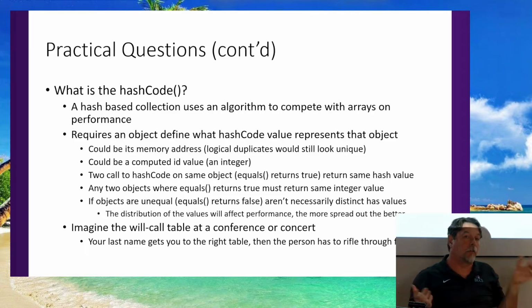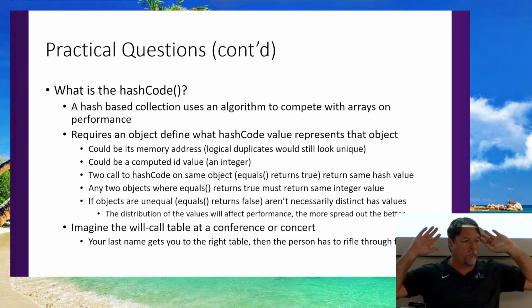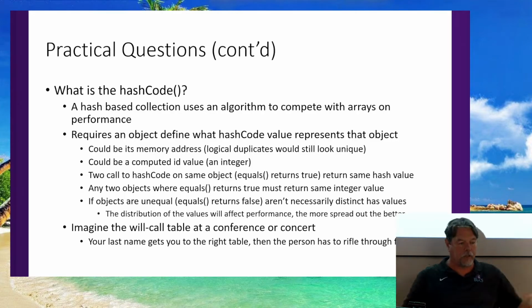Now, if you have a customer object and you say, okay, well, every time you ask me what the hash code of this customer object is, I'm always going to return 17 for every customer object, no matter what the name, what the address, what the phone number, no matter what the object is, I'm always going to return the value 17 for the hash code.